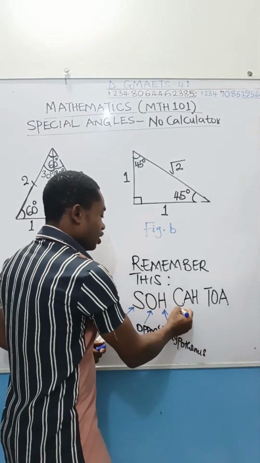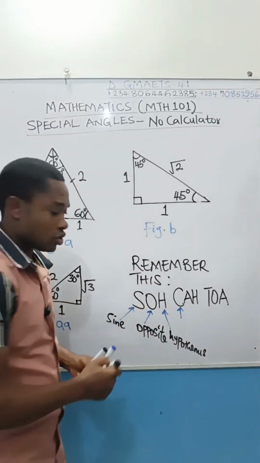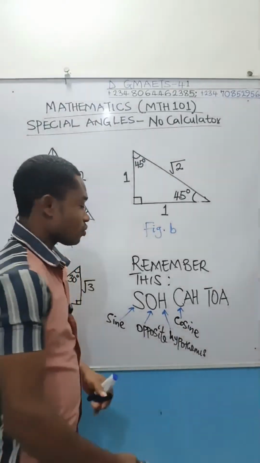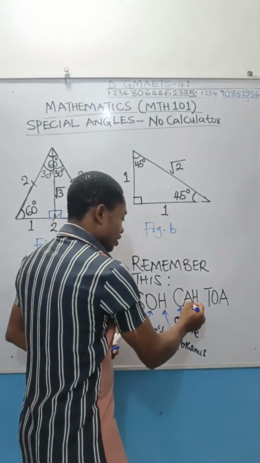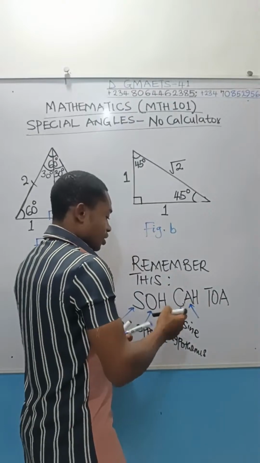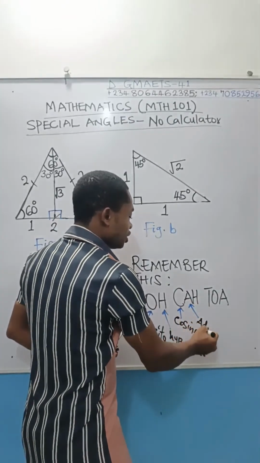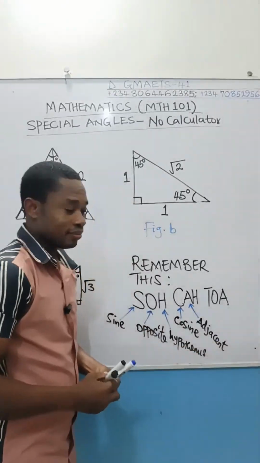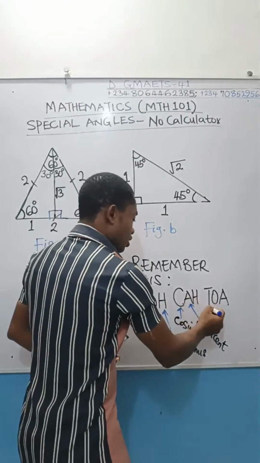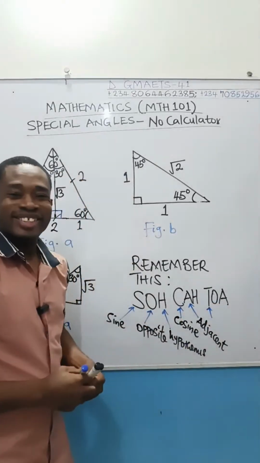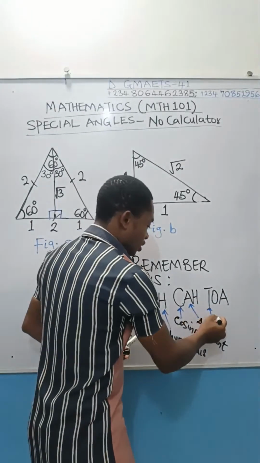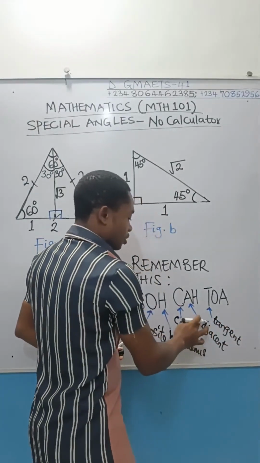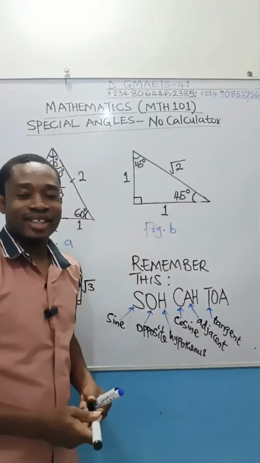This C is cosine, cos. This A is adjacent. Remember all these things. Then T is tangent, tan. Tan theta, tan this and that.